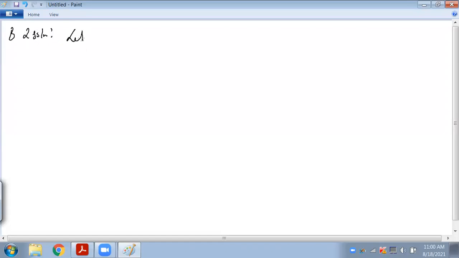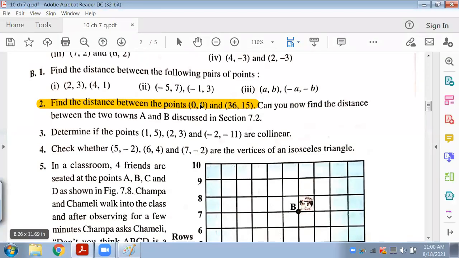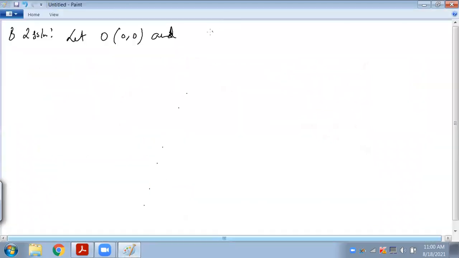So we'll take, let O be 0, 0 and 36, 15 we are taking as A, be the given points.